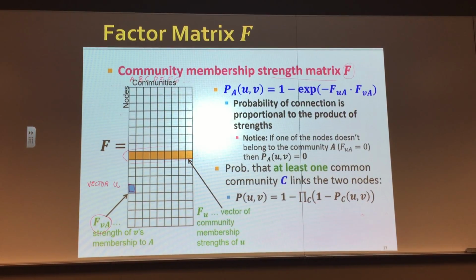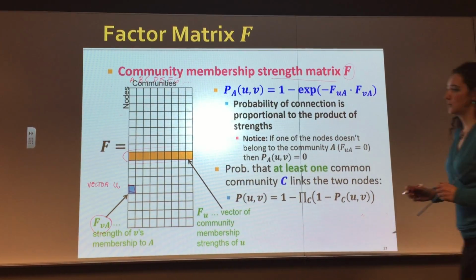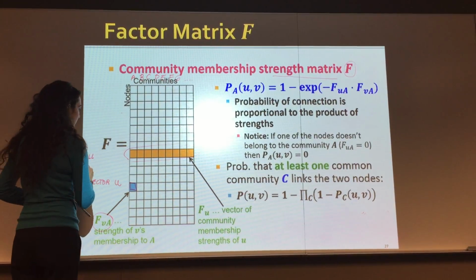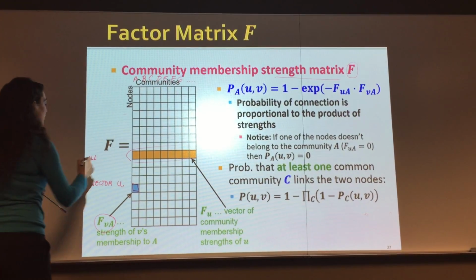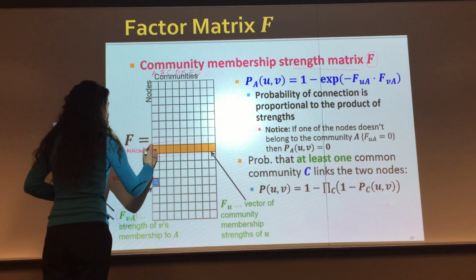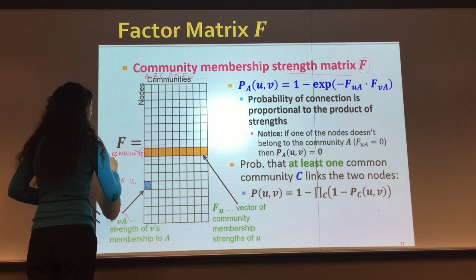So the vector is showing all the communities the node belongs to.